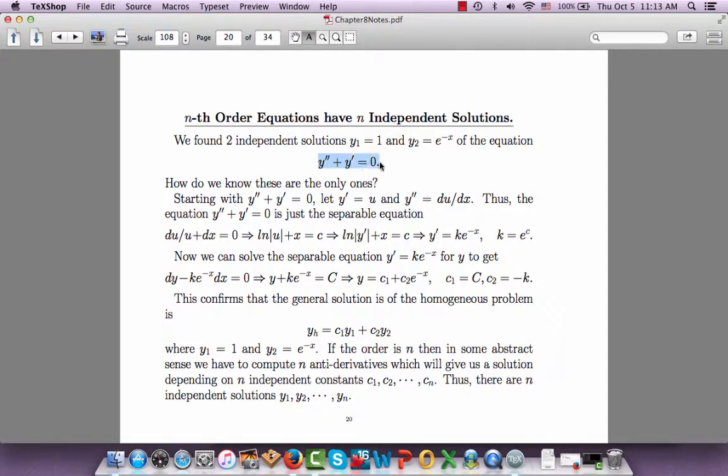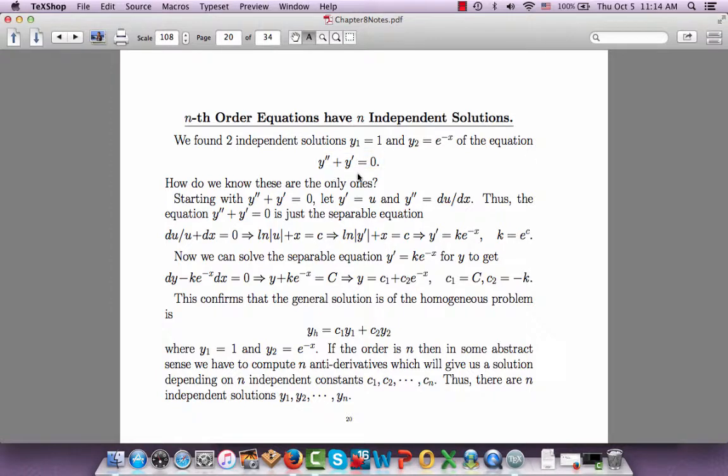Again, we're starting with this equation, and we can do a substitution here. This isn't a technique you're learning how to do. This is just an explanation of why we need 5 solutions for a 5th order equation, why we need 10 solutions for a 10th order equation, why we need 2 solutions for a 2nd order equation. That's all we're doing.